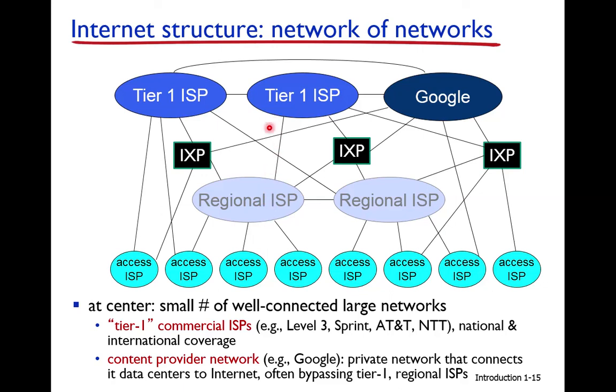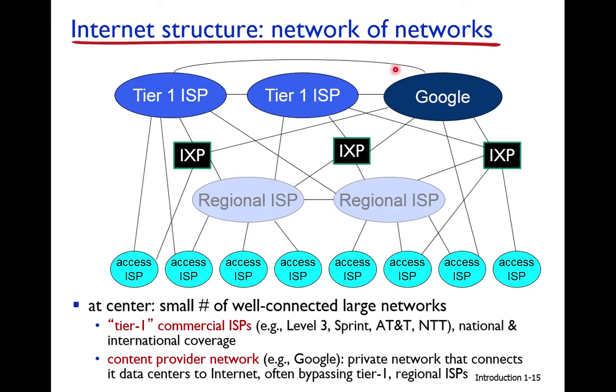The tier 1 ISP is also connected to the internet exchange point. And this internet exchange point is connected to Google, to the regional ISPs, and so on. So this is the network.